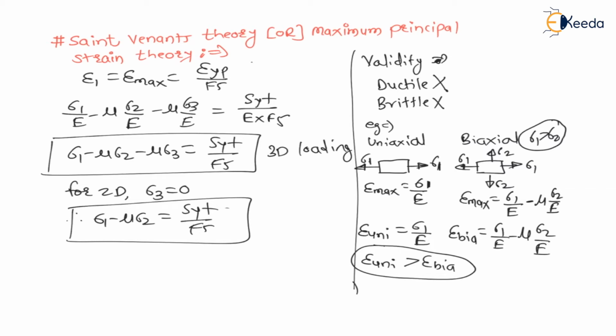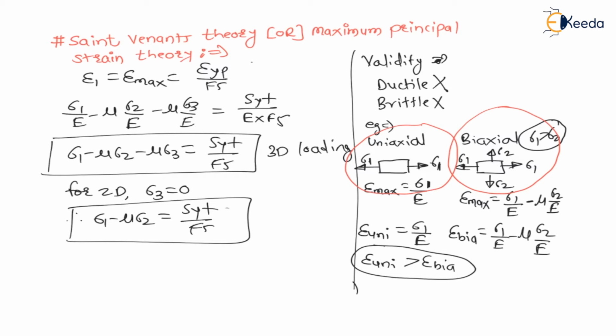But as per theory, uniaxial loading is weaker. But in reality, my dear students, can you imagine that in uniaxial loading the stress is only sigma 1, but in biaxial loading sigma 1 and sigma 2 are acting together?